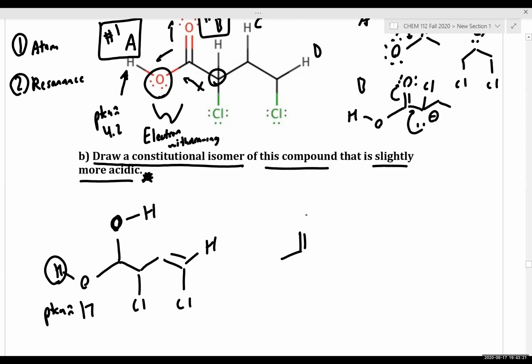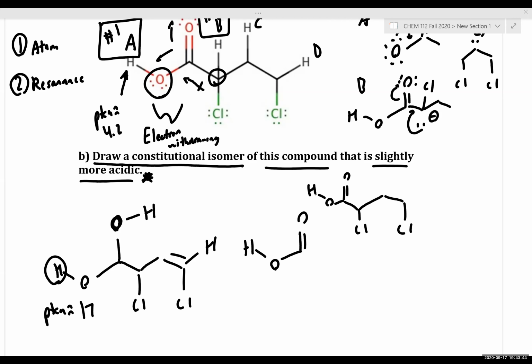Okay, so if we want to keep our carboxylic acid, but we can play around with this remaining chain, what can we do for this remaining chain to increase its acidity? Let's see.